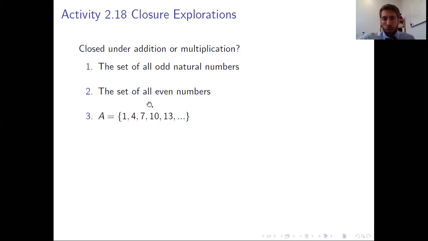And so will 28 be in this? Well, it's going up by 3s. I think it will be. So it's going up by 3s. So it's 1 more than a multiple of 3. And 28 is 1 more than 27.